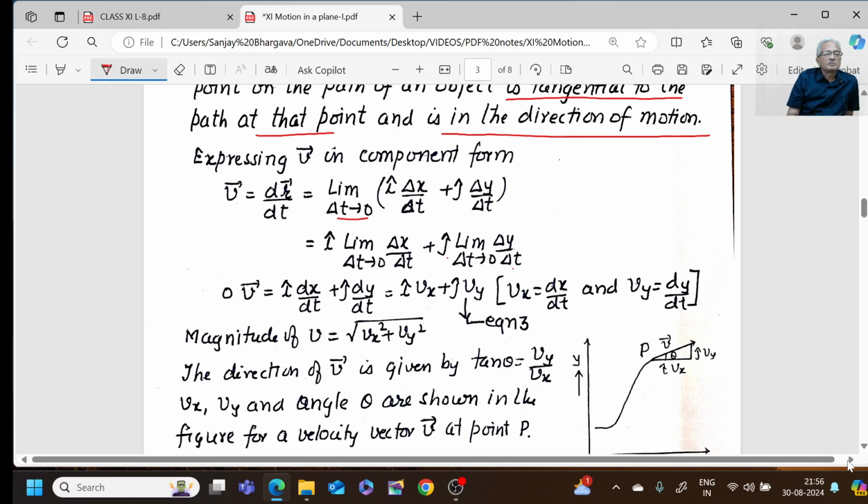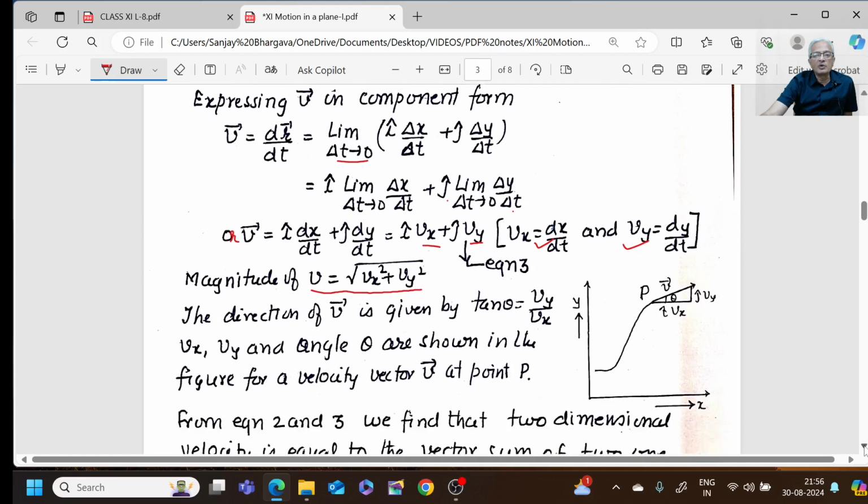Or v can be written as i of dx by dt plus j of dy by dt, which can be written as i of vx plus j of vy. So vx and vy are the x and the y components of instantaneous velocity. The magnitude of v would be given by the square root of vx squared plus vy squared.